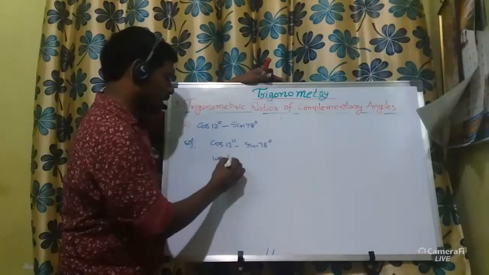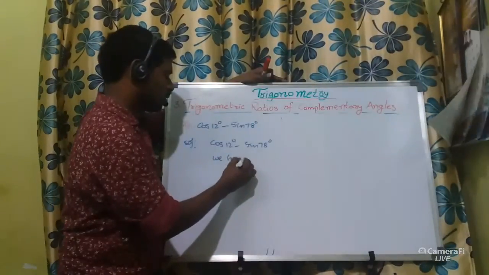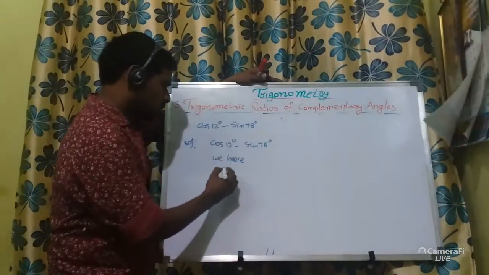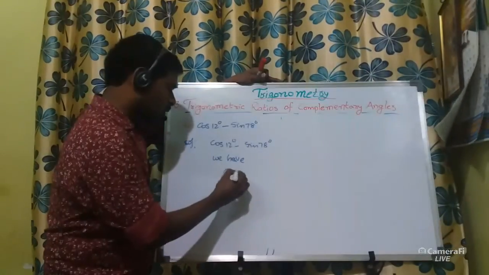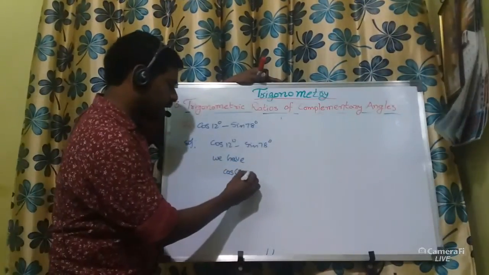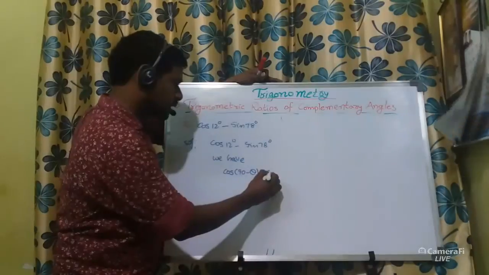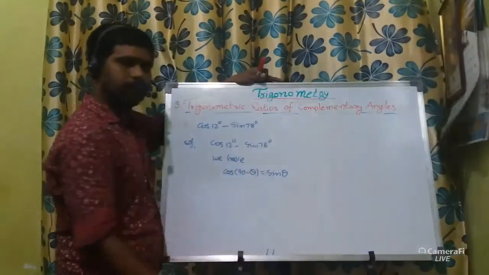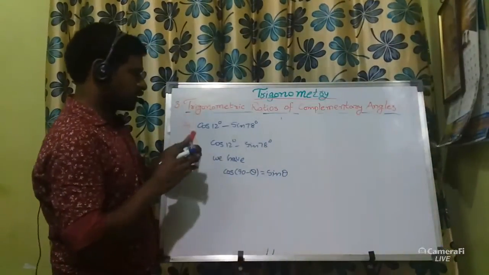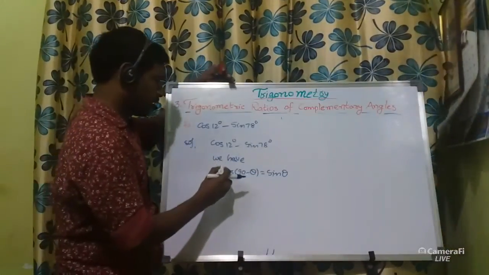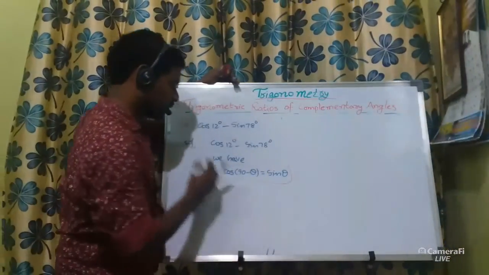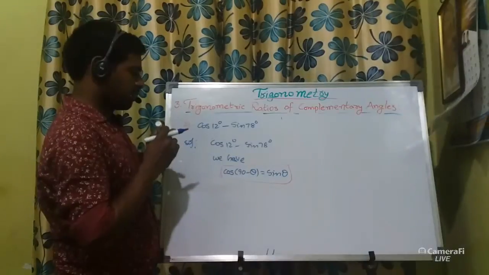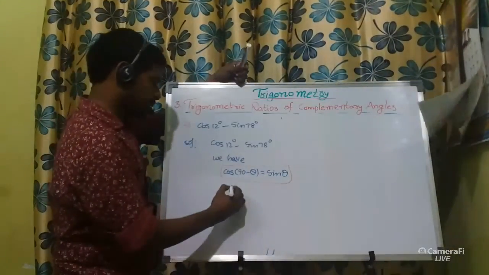We have the formula, we know cos 90 minus theta is equal to sin theta. In general, we already calculated this formula. Cos 90 minus theta is equal to sin theta.